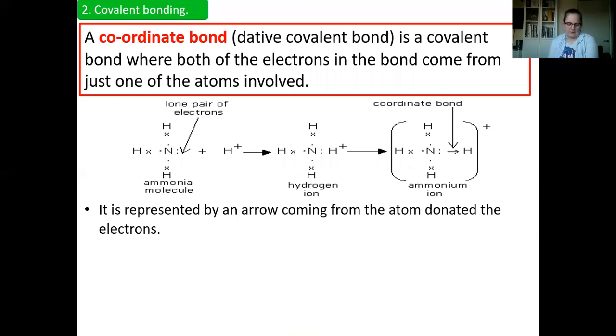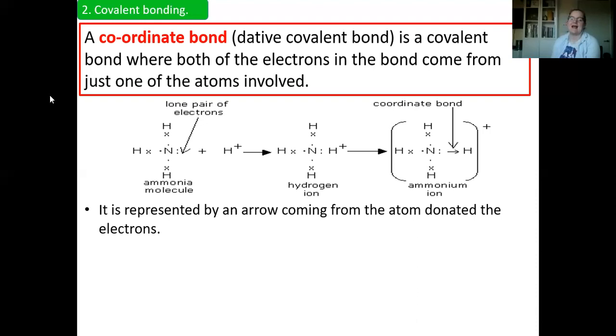If an ammonia molecule attaches itself to a hydrogen ion, it attaches with its lone pair. The hydrogen ion wants a full outer shell but has no electrons, so the ammonia shares both of its electrons with the hydrogen to make this full outer shell.